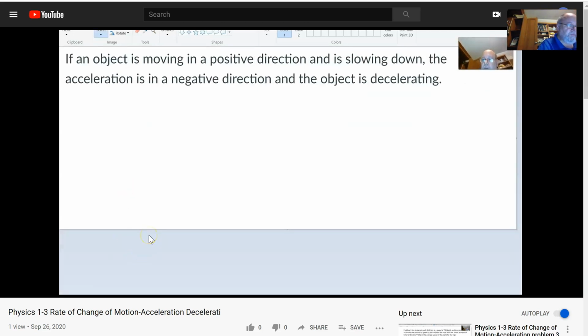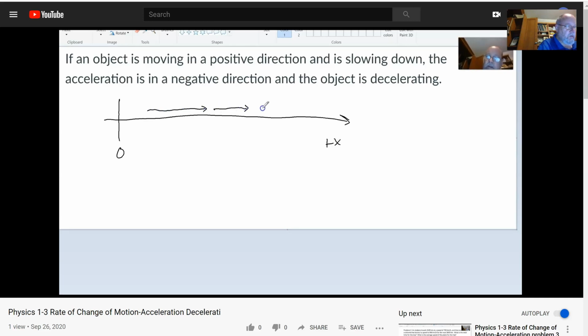Okay, so what about this scenario? If an object is moving in a positive direction and is slowing down, let's draw that. The object is moving in a positive direction but is slowing down. My velocity arrows are going to do this.